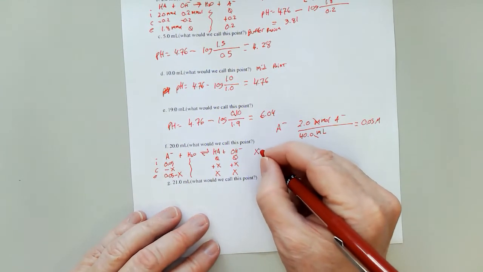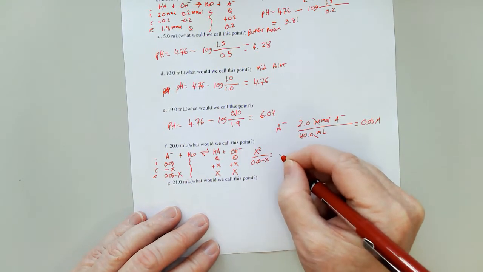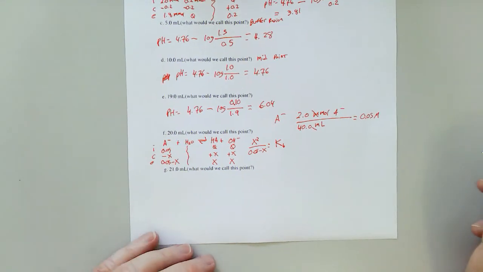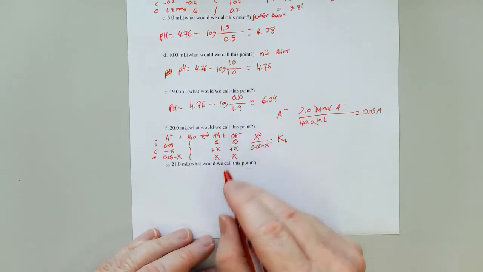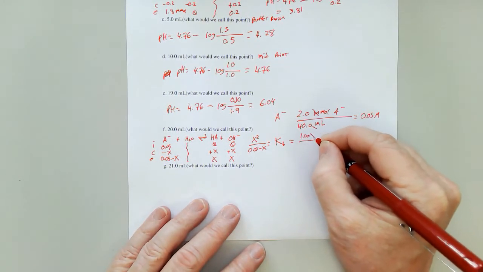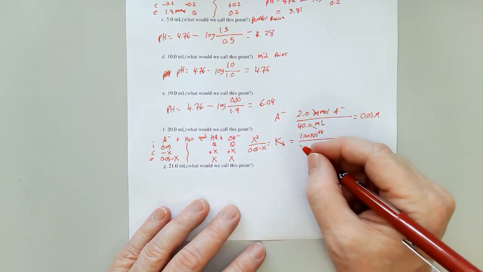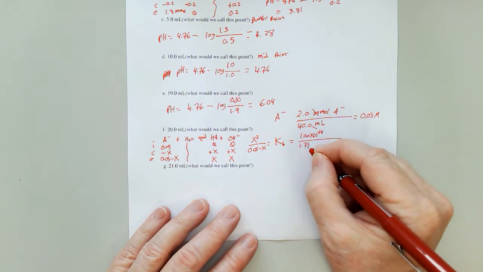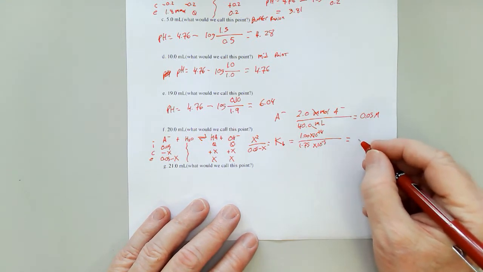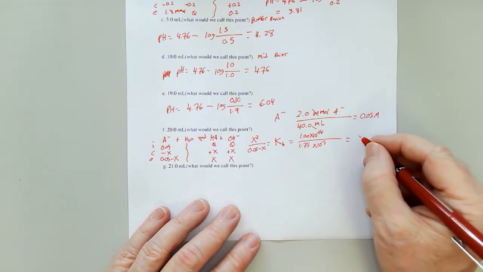So X squared over 0.05 minus X equals, and here's a really important point, it equals Kb, not Ka, because it's hydroxide over here. So I can find the Kb by taking Kw, 1.00 times 10 to the negative 14th, and dividing by Ka, 1.75 times 10 to the negative 5th, and that equals 5.71 times 10 to the negative 10th.